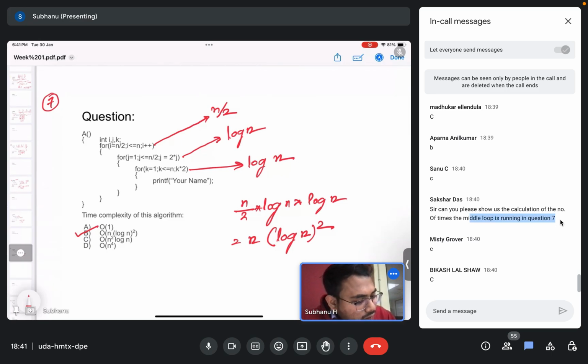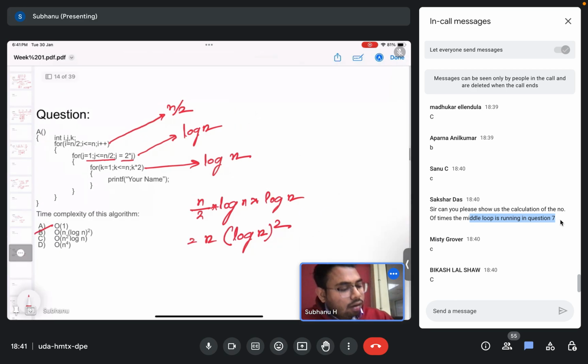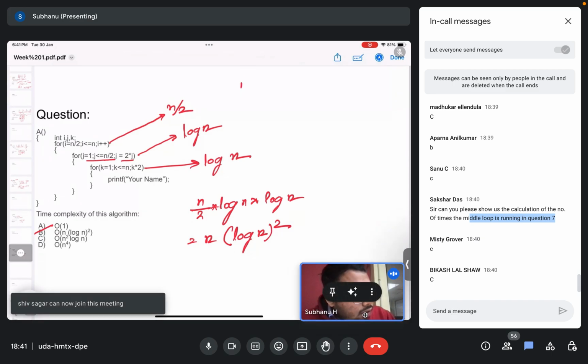So the middle loop is running from 1 to n by 2, and it is growing by powers of 2. So J is starting from 1, and then J will be growing by powers of 2.